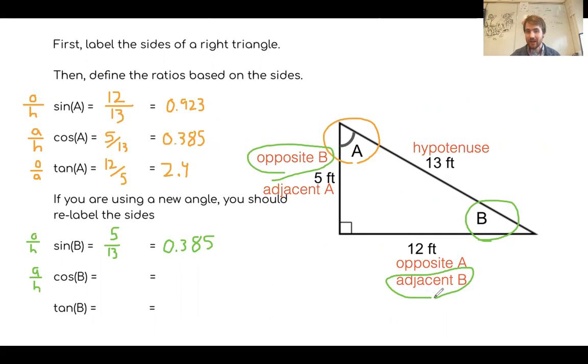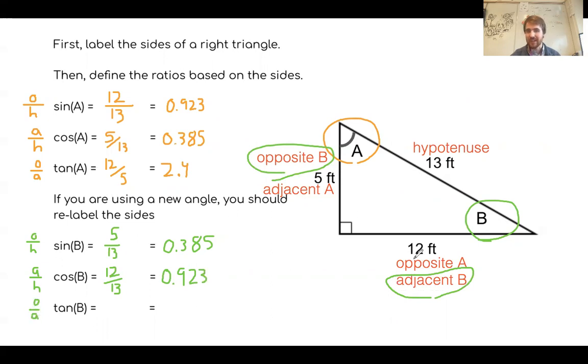The new adjacent side, adjacent to angle B, because this is asking for the cosine of B, is 12. 12 divided by 13. Again, this is something we've already done. 12 divided by 13 is 0.923.